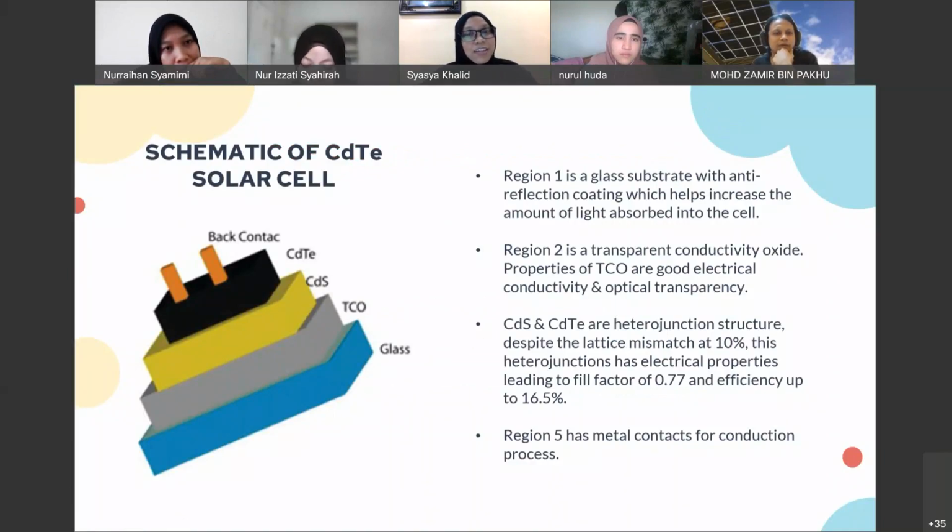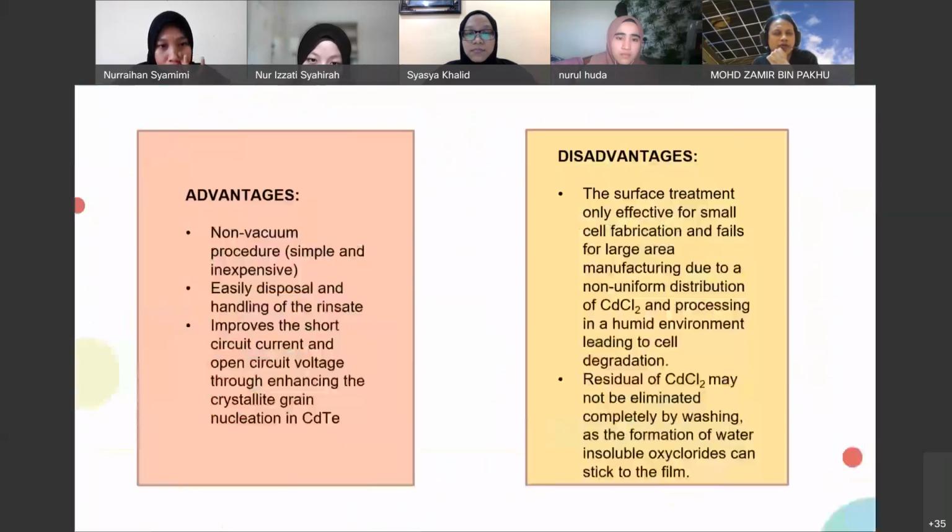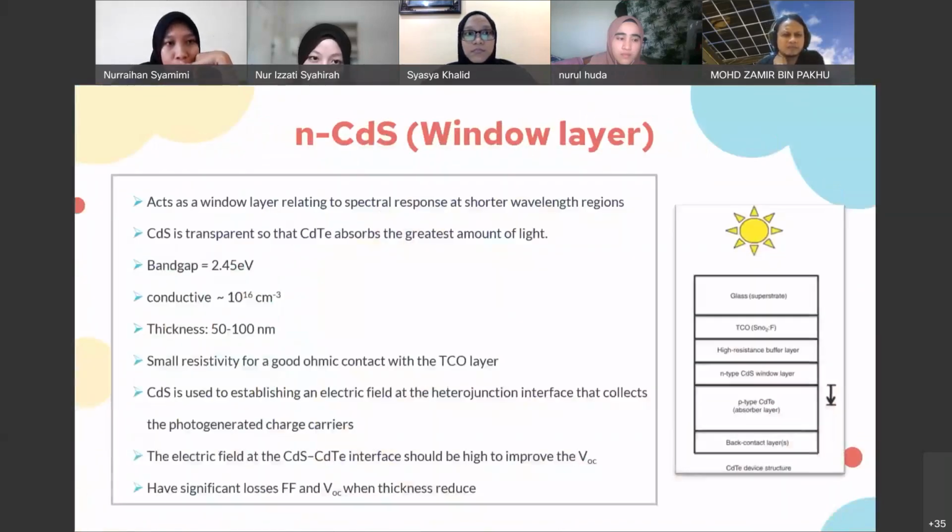Okay, what was the band gap of cadmium sulfide? I think you showed a slide of the window layer. What's the band gap there? 2.45. Is it optimum for light absorption from the solar spectrum? No, it's too high for that. So can it be a pure light absorber? No. So you still have to have another layer to do the light absorption, right?